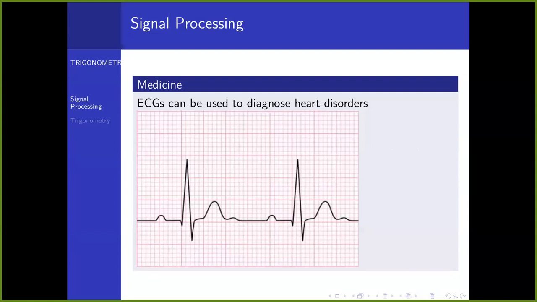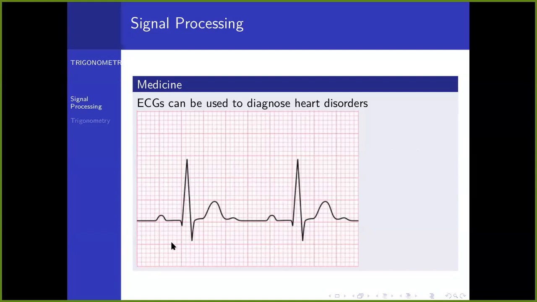So one area where it can be applied is medicine. In medicine, ECGs can be used to diagnose heart disorders. The ECG measures signals that come from the heart, some vibrations, and is able to record them. It can pick up the different signals.